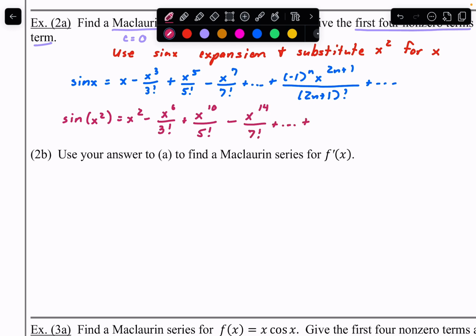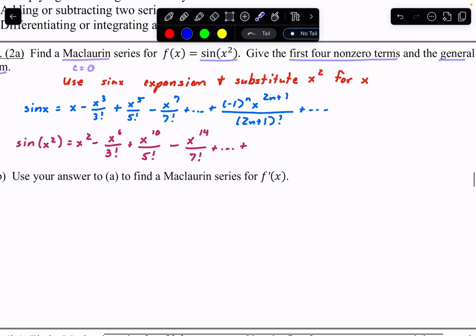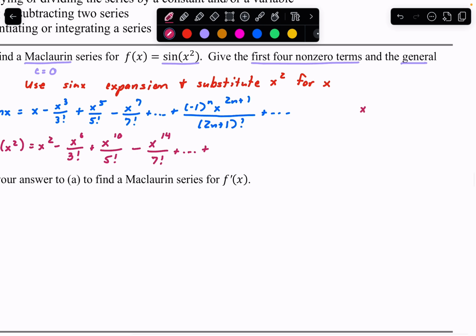Now, to get the general term, don't make it harder than it is. You do not have to look at this and try to manipulate it and figure out what it is. All you have to do is take an x squared and plug it in where x is in the general term. So if you had x squared raised to the 2n plus 1, your Algebra 2 skills tell you that you're supposed to multiply these powers together. So this is now x to the 4n plus 2.